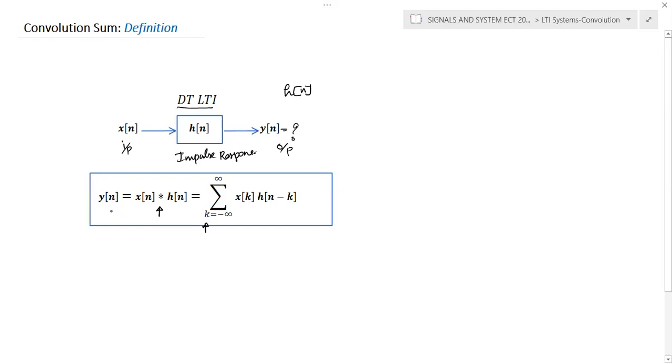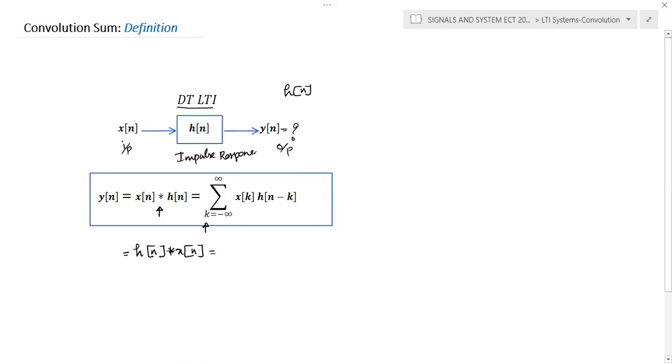Finally we'll get the result y of n, but here the variable is k. This is the basic equation, and you can also write it by using the commutative property as h of n convolution x of n. This is not multiplication, it's actually the convolution operation.